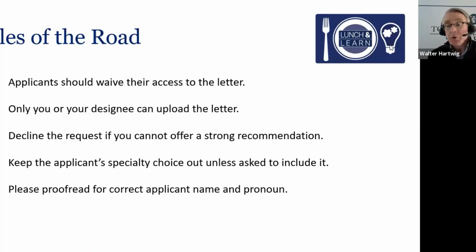The history of residency applications prior to 2016 was that medical schools were the relay chain for letters up to the application service. Preceptors would write letters and send them to the medical school. The medical school would attach them to the applications of each student going forward. Naturally, and I will neither deny nor confirm this for myself, but certainly it was the case that we would read the letters.